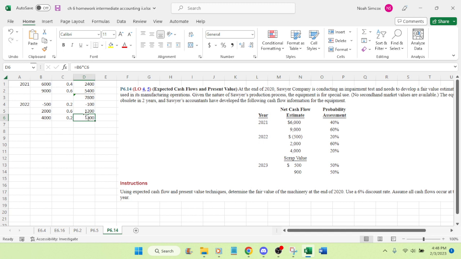And then we do equals sum. So, and then we have 2023, 500, 900.5.